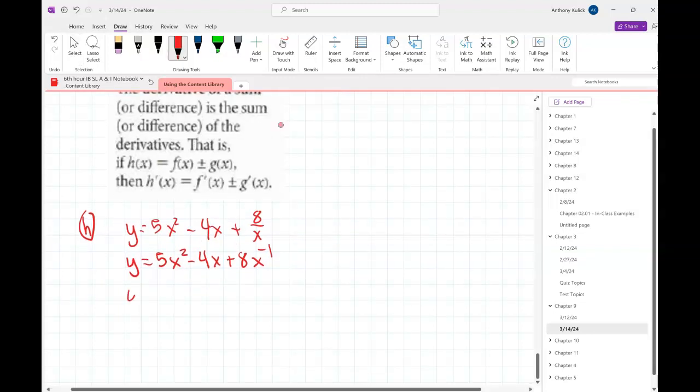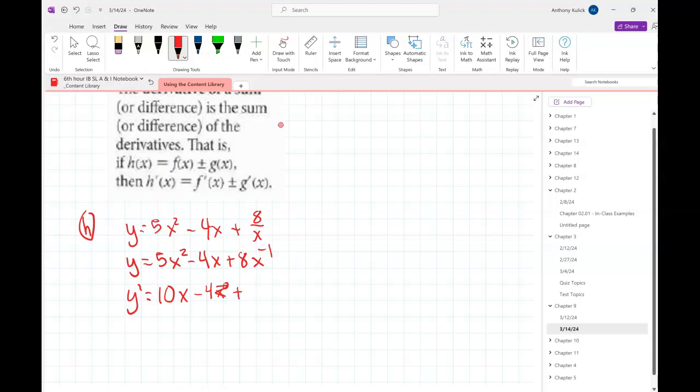Okay, so what do we get here when we actually do the derivative? The x to the 0, right? Which is just 1, which doesn't need to be there, right?